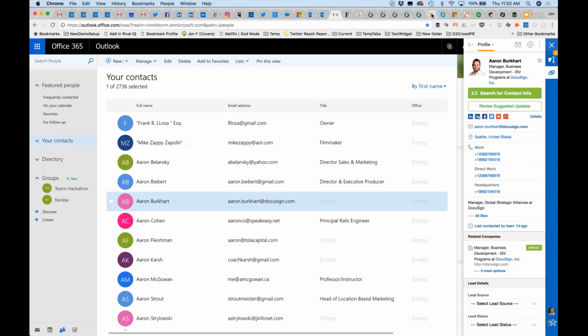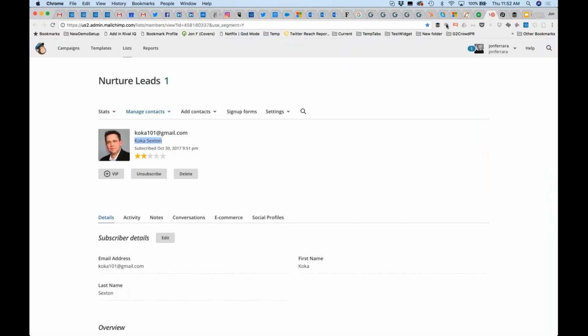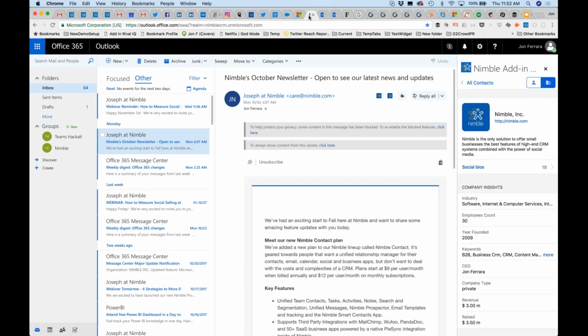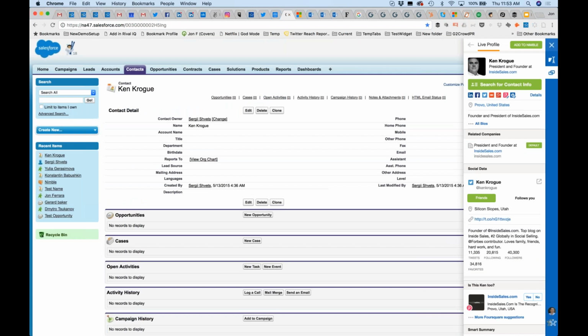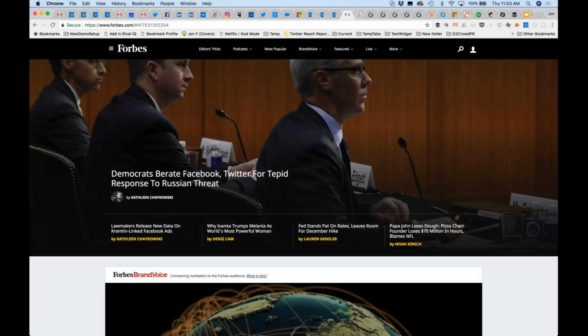So it doesn't matter if you're using another CRM, or some other marketing automation tool. What we can do is build a team relationship manager for you and your team to have a central database, then use it back in the tools you're using in your email, in your social, in your marketing, or if you're prospecting anywhere.